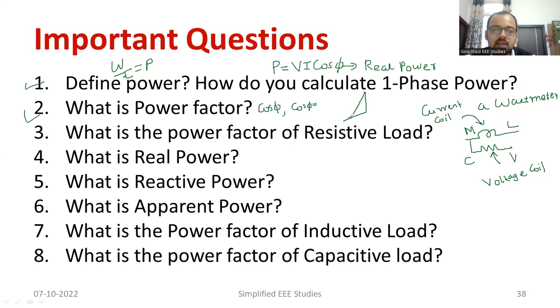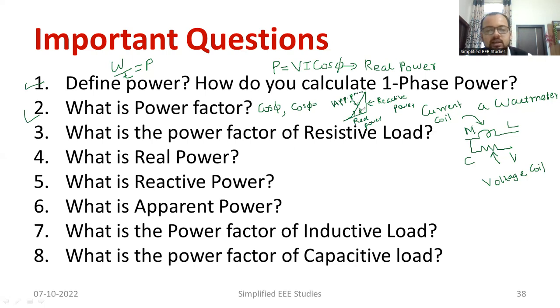So there is a right angle triangle. This is your phi. You can put the real power on the base side. This is your reactive power, where the hypotenuse should be the apparent power.